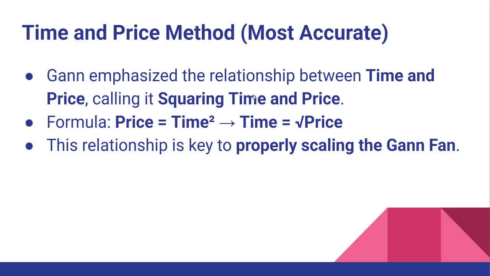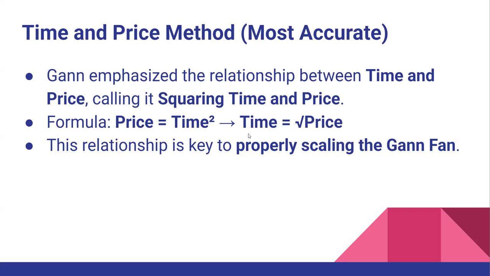Here, Gann emphasized the relationship between time and price, calling it squaring time and price. The formula for this is price is equal to time squared. What we are going to do is convert the price to time.